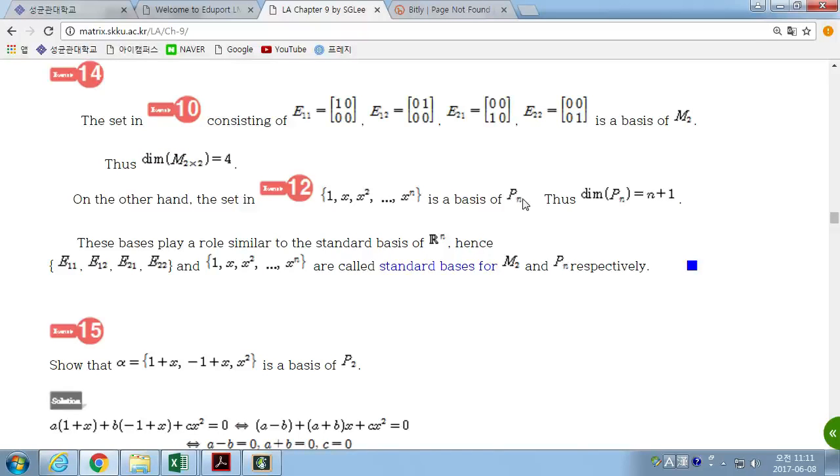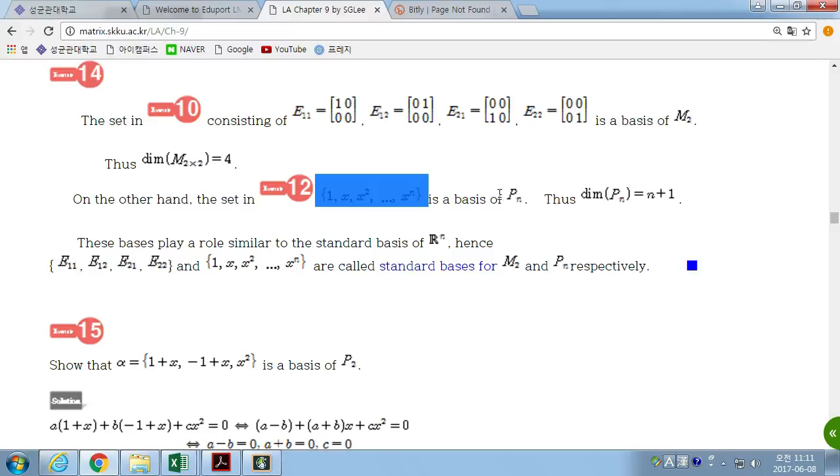And we have seen that this set is linearly independent in Pn, and any polynomial in Pn can be written as a linear combination of these vectors. So this spans Pn, so this is a basis. What's the dimension of Pn?